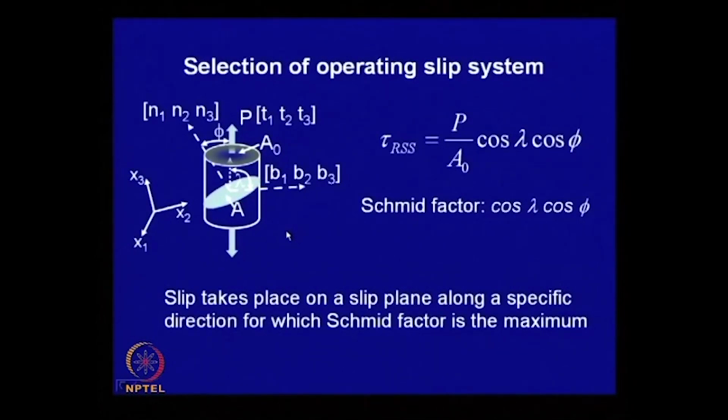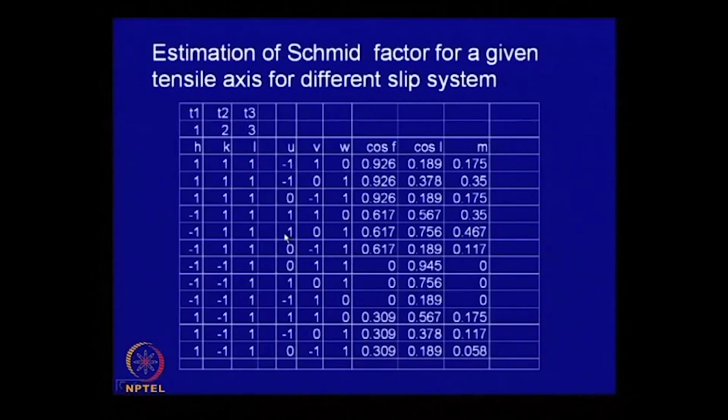Now, how do you calculate this, which is illustrated here? You have to look at different possibilities. There are 12 slip systems listed here, each a combination of plane HKL and direction UVW.